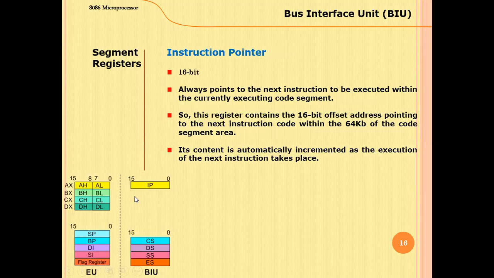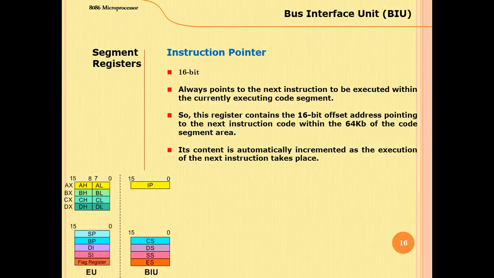Other than this, the BIU contains IP also, where IP is the instruction pointer. In some other microprocessors or microcontrollers, it is also called PC, the program counter. Either instruction pointer or program counter, meaning the same, contains the address of the next instruction to be executed. Suppose you are executing some instruction.